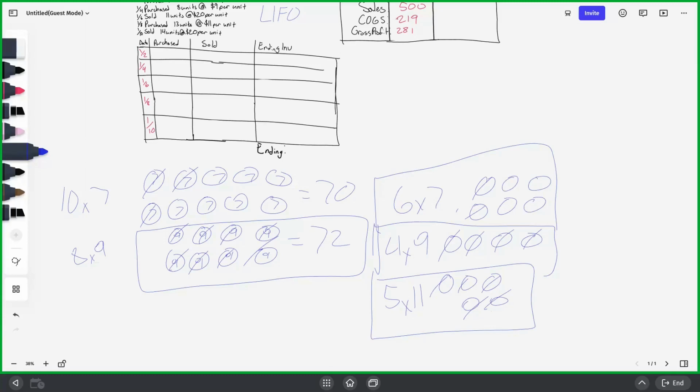And then we also sold 11 units. So we're first going to pull from these 5 units, because it's last in, first out. We bought these first, we bought these last, and we want to focus on getting these out first.